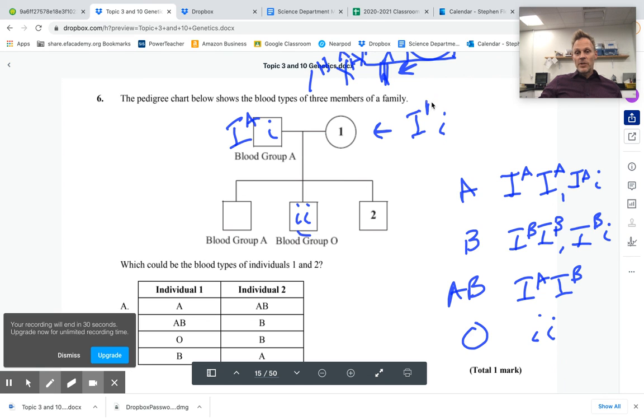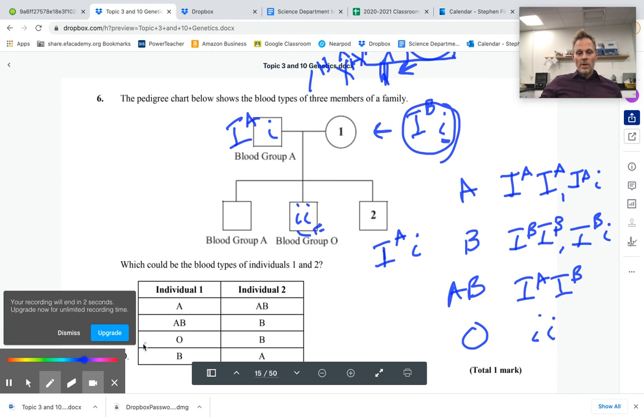In this situation, it's IB, right? Here, this situation is heterozygous because this i and this i made this child. And the only thing that works for number 2 in this diagram is we have another heterozygous for blood type A, and all of this works out. We can still get blood group A's, we can still get blood group O's, even if this parent is a blood group B, and that's why the best answer was this one.